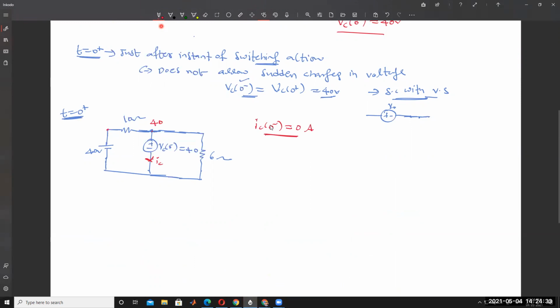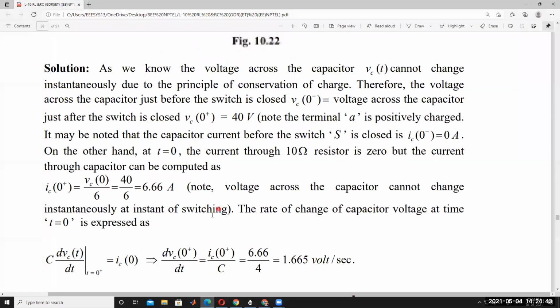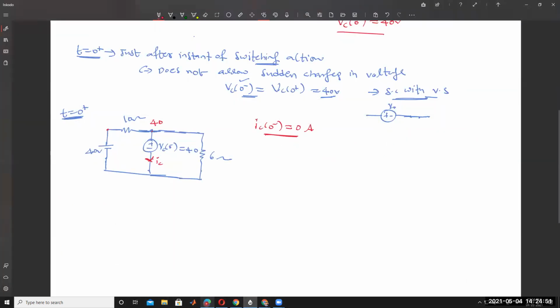Understood? Then IC of 0 plus, at the instant of switching action, the capacitor will be acting like this. That means IC of 0 plus is nothing but VC of 0 plus divided by 6.